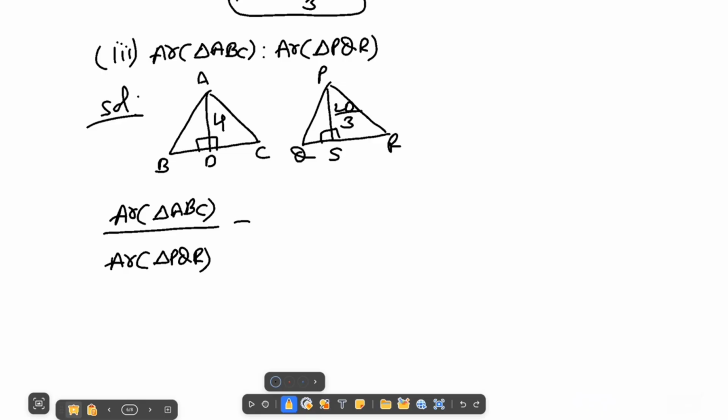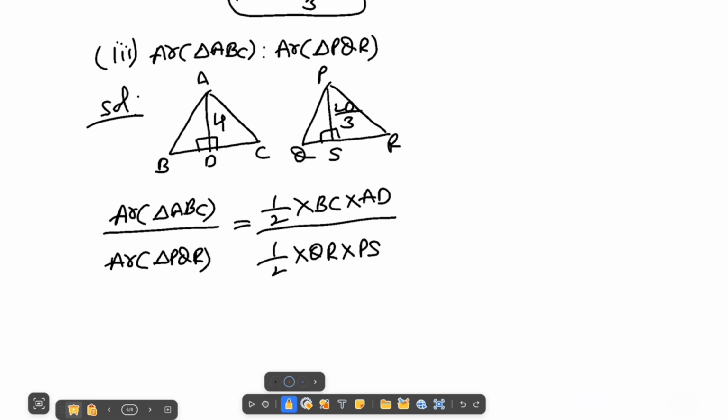Area of triangle ABC is half into base BC into height AD. Now area of triangle PQR is half into base QR into height PS. So let's do cancellations if possible. Half gets cancelled.